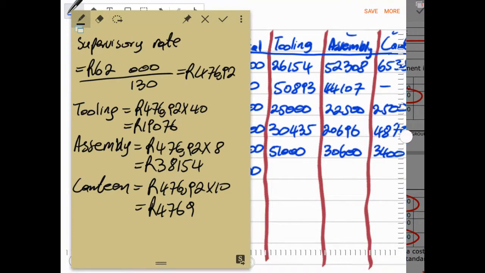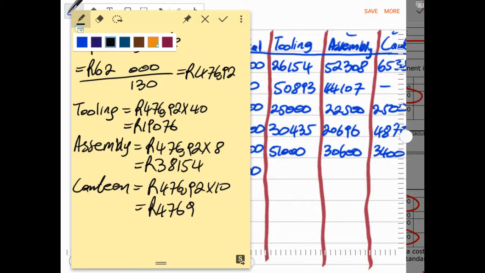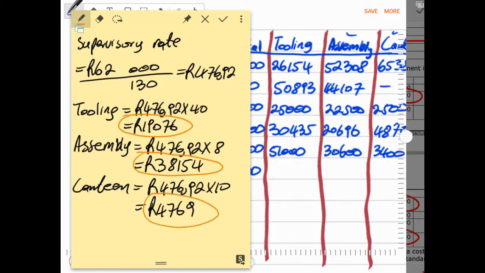The tooling department is allocated 19,076, assembly department allocated 38,154, and canteen department is allocated 4,769.